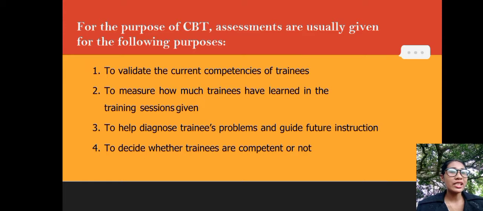Trainers can also ask questions sa mga trainees for us trainees to become knowledgeable enough. The next is to decide whether trainees are competent or not. By this assessment or evaluation, dito mo malalaman if you are ready or capable enough to proceed for your future job, as a future FDA or front desk attendant.